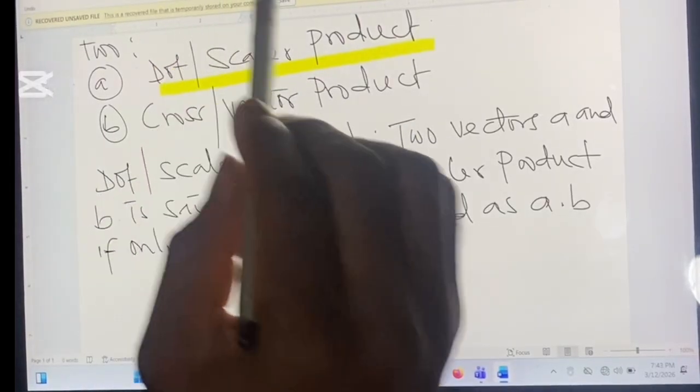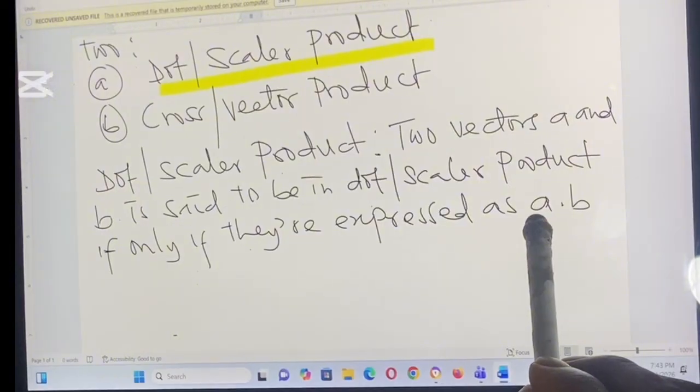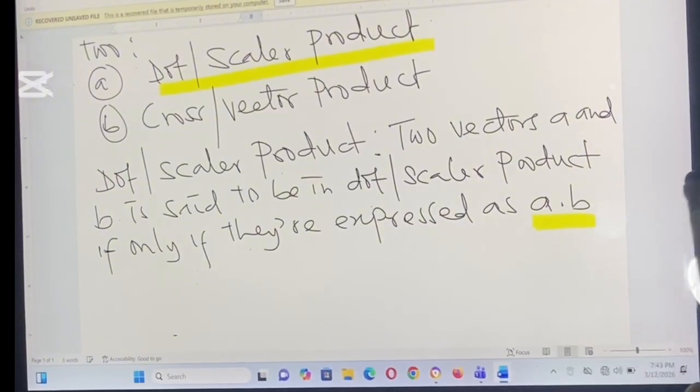It means that whenever we see this expression here, it denotes scalar or dot product. If you have two vectors D and E and you are asked to find D dot E, that particular expression denotes dot or scalar product.